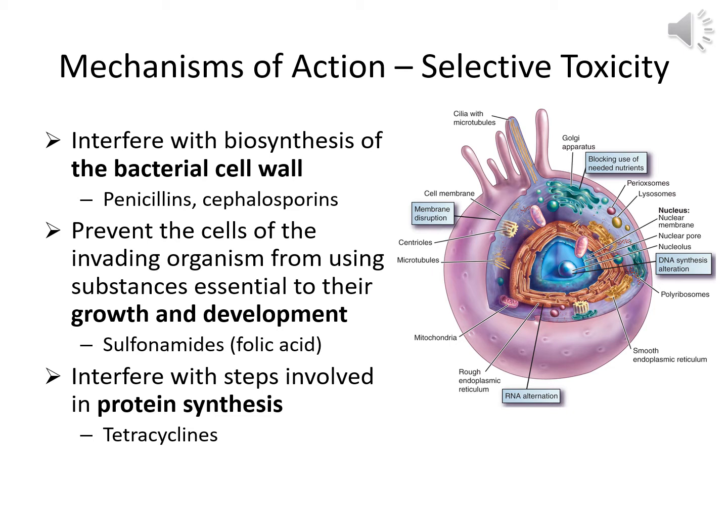There are other drugs that prevent the bacteria from using their own metabolic pathways for their growth and development. And this is actually how sulfonamides work, and as we're going to learn later, they inhibit the synthesis of the B vitamin folic acid, which is necessary for their replication and multiplication.